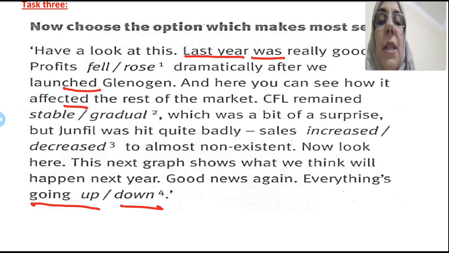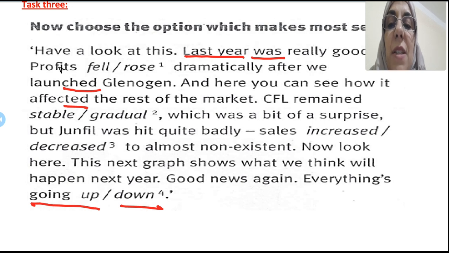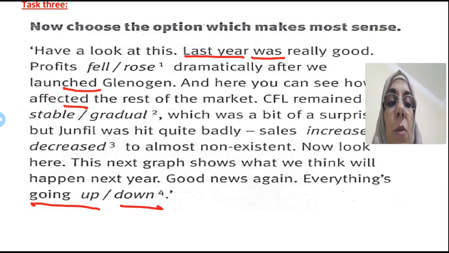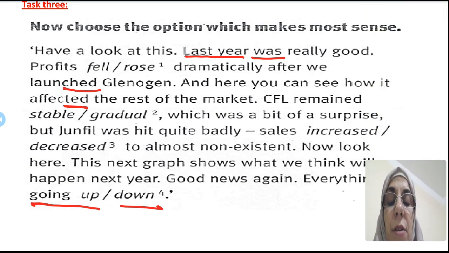So let's correct the exercise. Have a look at this. Last year was really good. Profits fell or rose dramatically after we launched Glenogen. So look, the year was really good. So it means it's something positive.